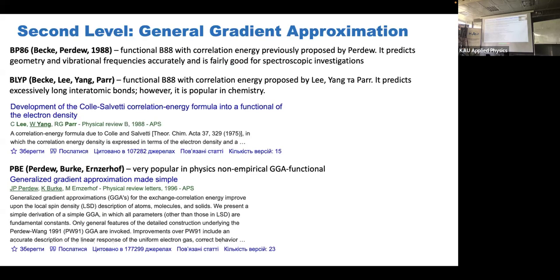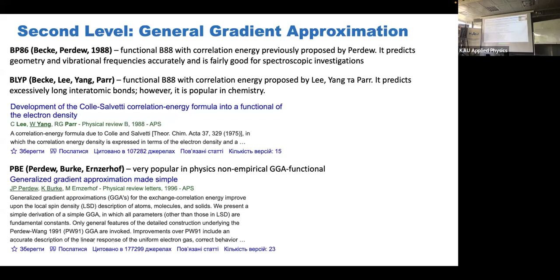And we have the super successful PBE, Perdew, Burke, Ernzerhof functional, a GGA functional. Most of our calculations we made with GGA, and you saw that it is stable. It doesn't have a huge amount of mistakes, so it's easy to calculate almost everything with it.